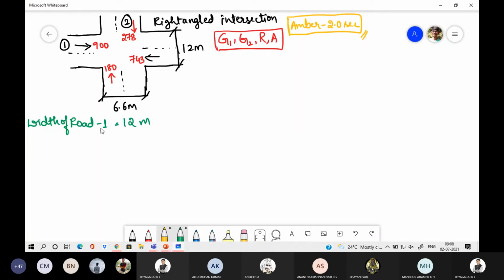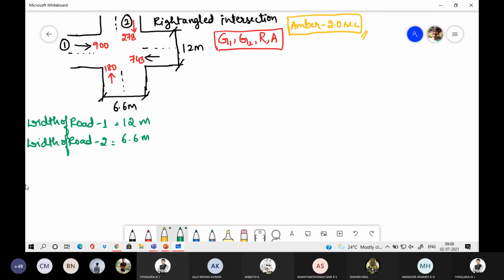Then 4 lanes, 2 lanes in each direction. Okay, number of lanes is not required, leave it. Then width of road 2. They have given it as 6.6 meter.